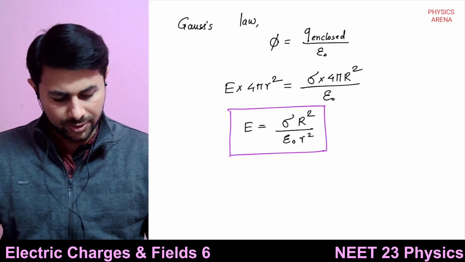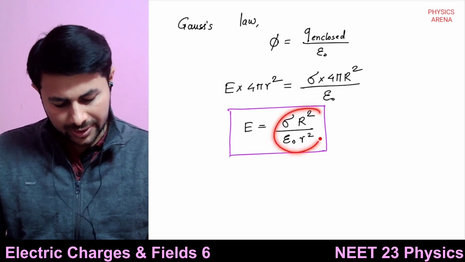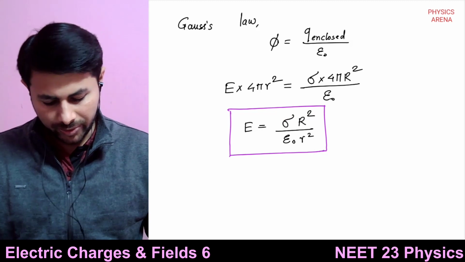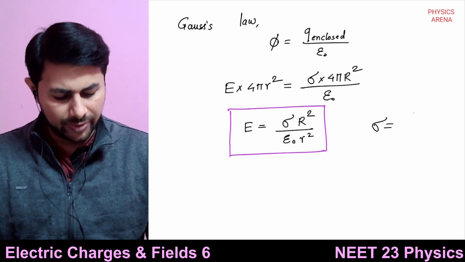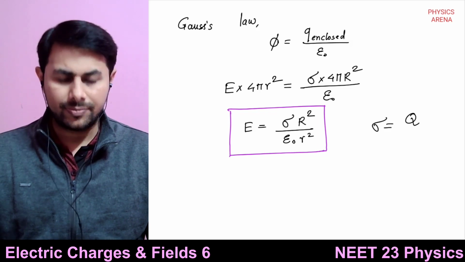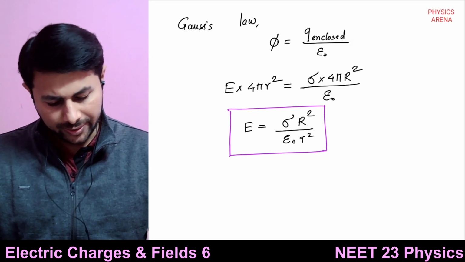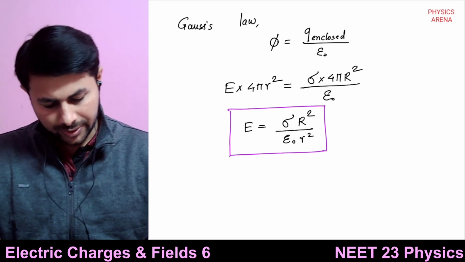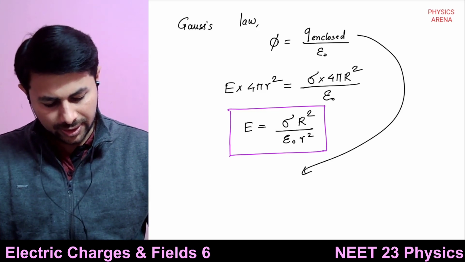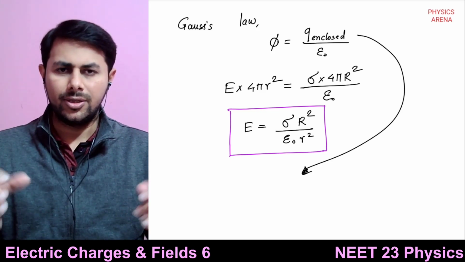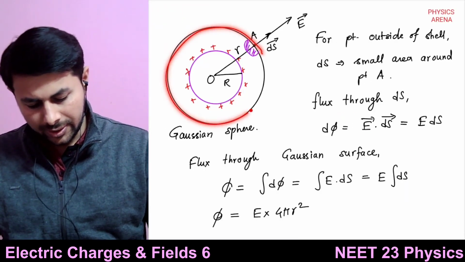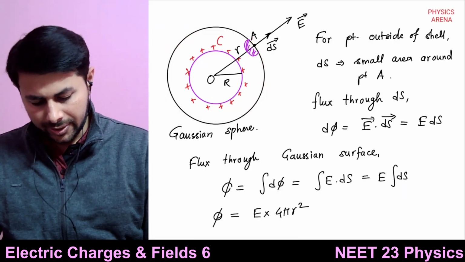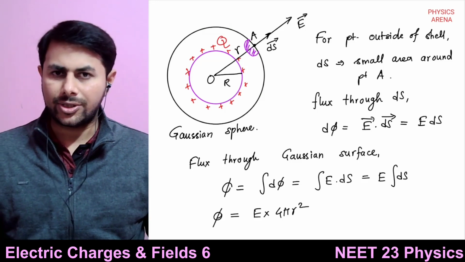This is one formula. Then we can substitute sigma, or instead I will just substitute the charge enclosed as Q, capital Q. The total charge is enclosed by this Gaussian sphere. All the charge is inside the Gaussian sphere.